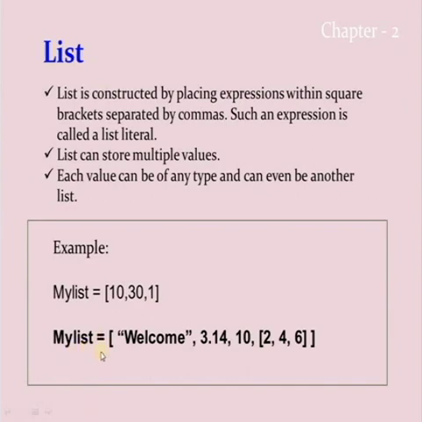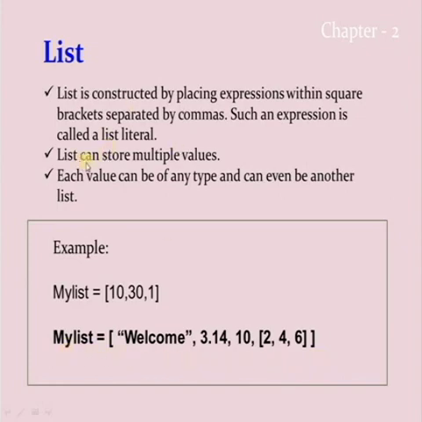There is another example. Here there is a word, that is string, a collection of characters, and a float number because it is 3.14. Then an integer number because it is not having any decimal points, 10. Again there is a list here, 2, 4, 6 within square brackets. So these are the possibilities of what I can do with the list.